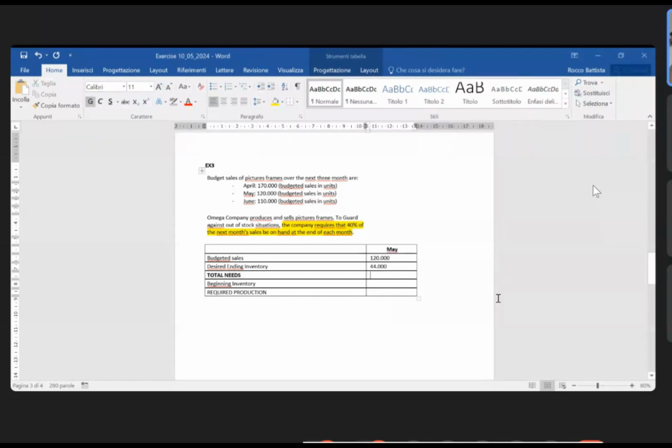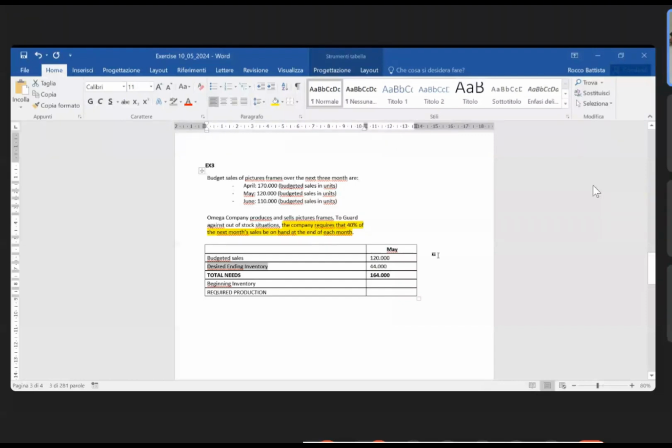Total needs is budgeted sales plus desired ending inventory. 164, sorry. 164, very good. Beginning inventory. How do we calculate the beginning inventory? It is the desired ending inventory of April. Let's think about the desired ending inventory of April.